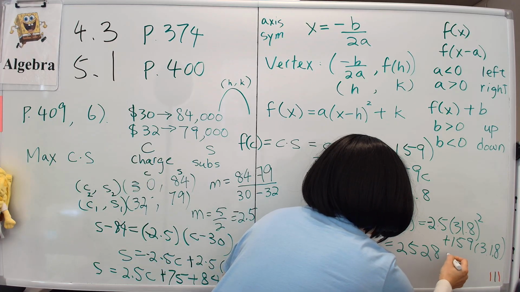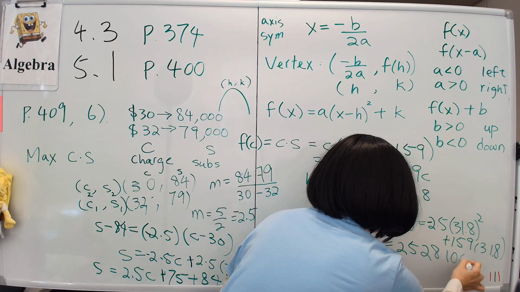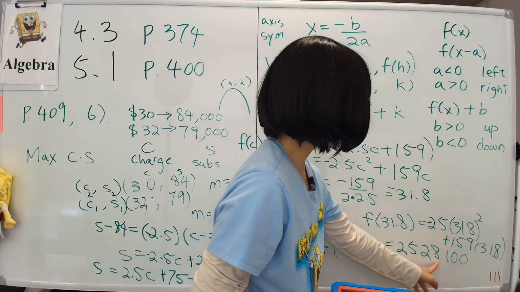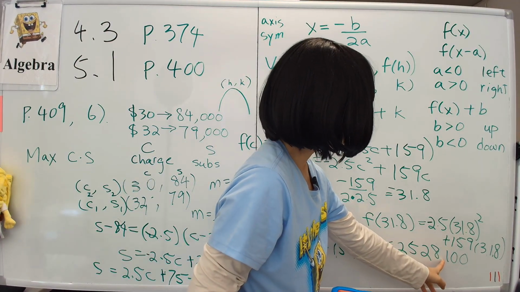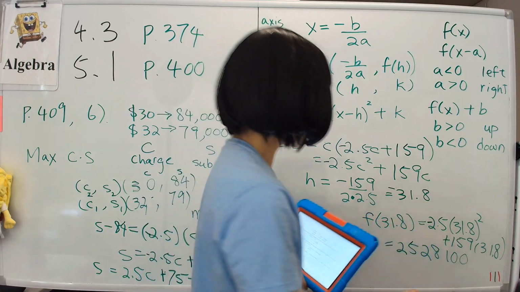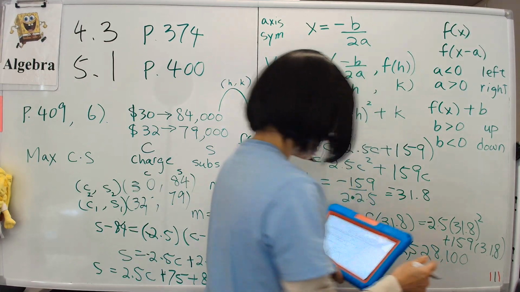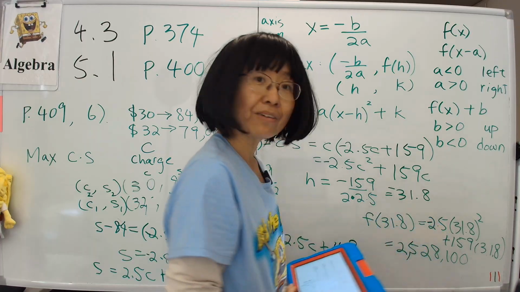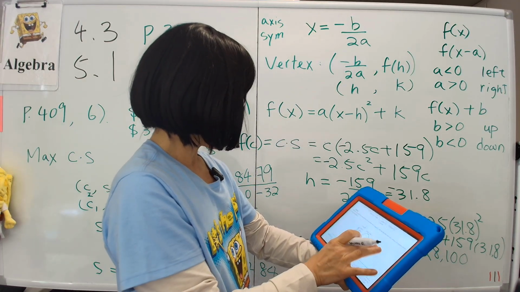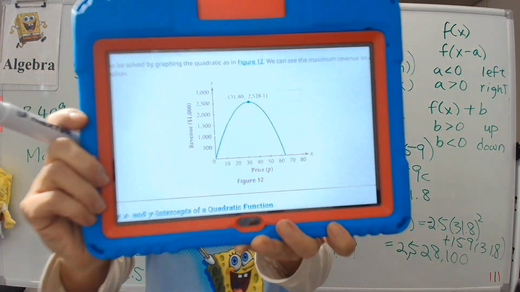The 0.1 will go into the 1,000, because remember my answer is in thousands, so it's 2528,100. 1,000 has 3 zeros, so you move 3 zeros over, so that gives us something like $2.5 million, which is the maximum revenue, and as you can see, that is what the graph did.